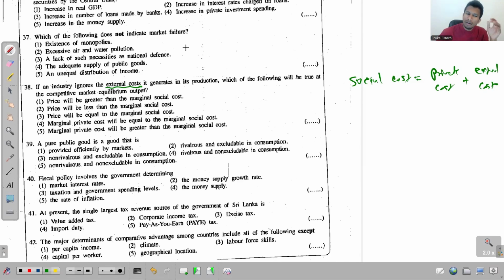So what will happen if the firm ignores this external cost? Then this is the only thing that will happen. Their private cost will be lower and the social cost will be higher because they have ignored the external cost, right?